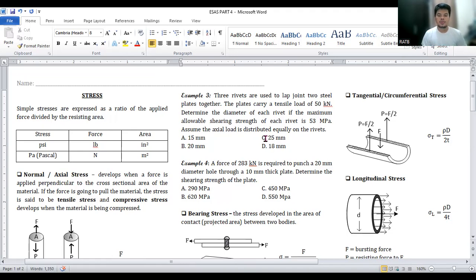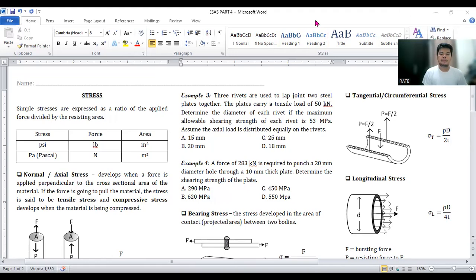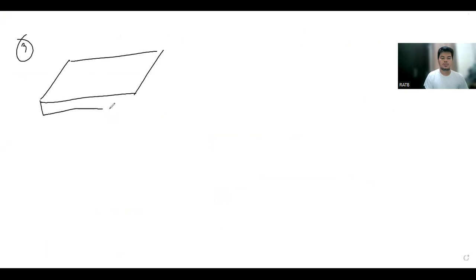Again, take note of the data: you have the two plates and three rivets.